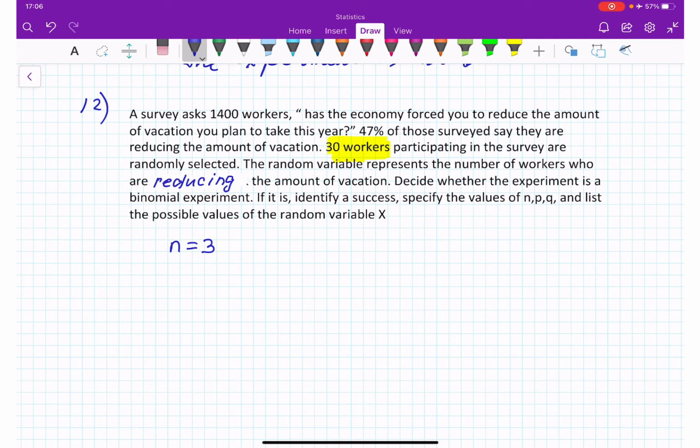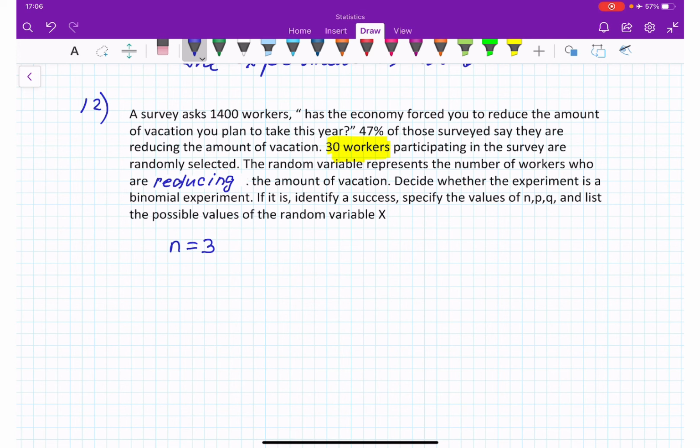All right. So, how many outcomes are there? There are only two possible outcomes, right? Either the worker is reducing the amount of vacation or is not reducing, correct? So we have only two outcomes. And how about the probability of success?